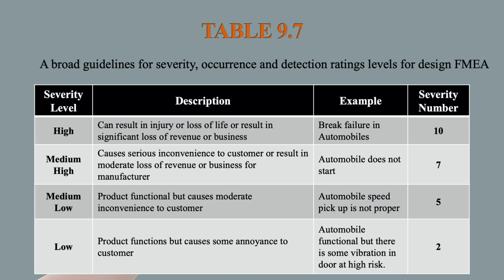You can read it, you can understand very well. For example, here you can see that if the severity number is 10, then the severity level will be high. For example, brake failure in an automobile. Brake failure means there is a high risk.